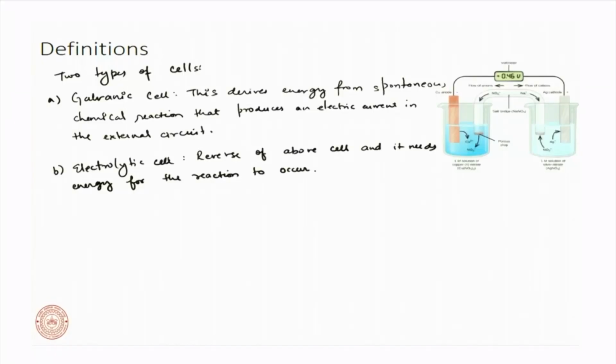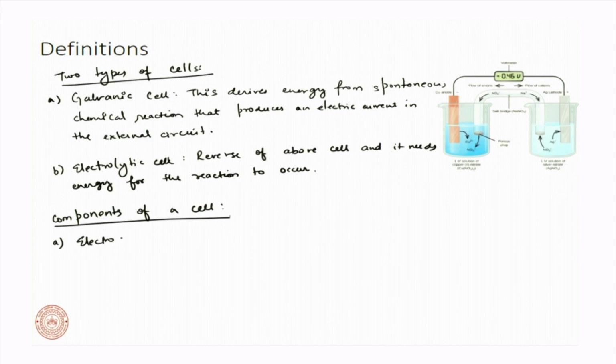That makes sense? Yes. Now, we will consider the parts or components of a battery. You will have your electrode. An electrode by definition is a material that allows electrons to be mobile, to transport through. They are good conductors of electricity.